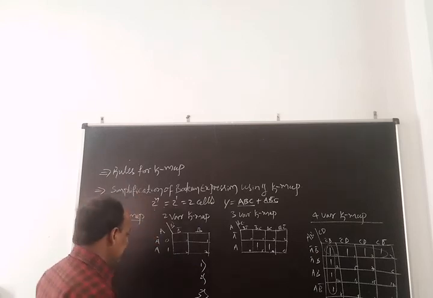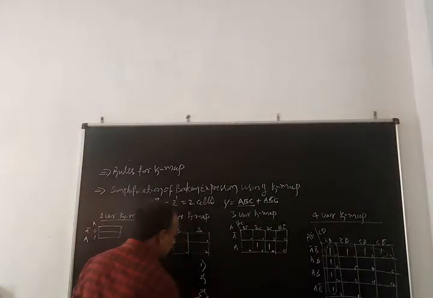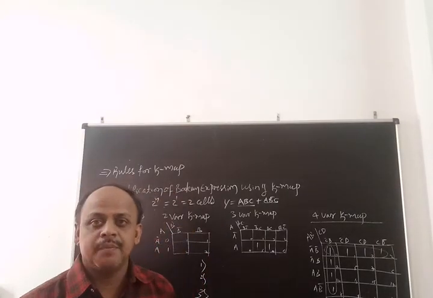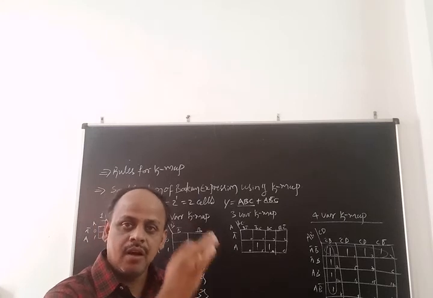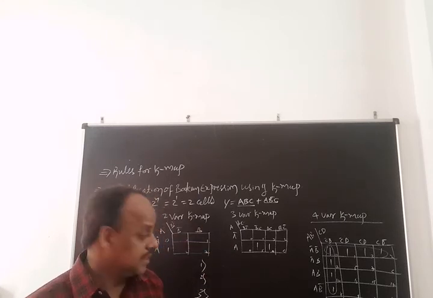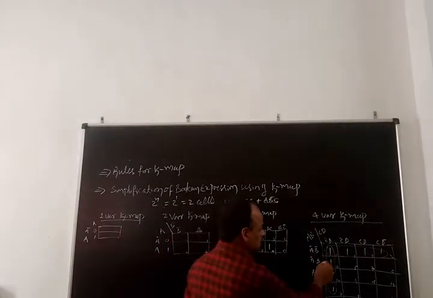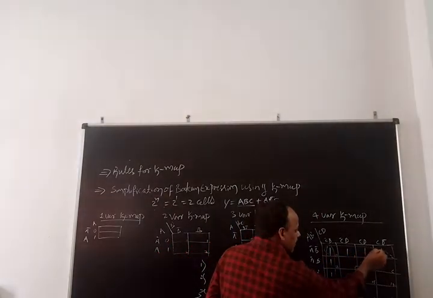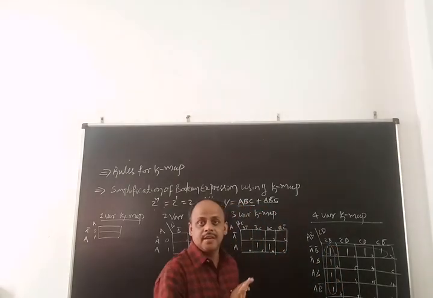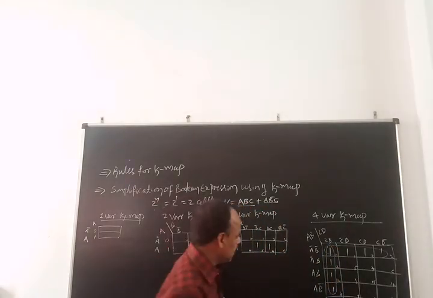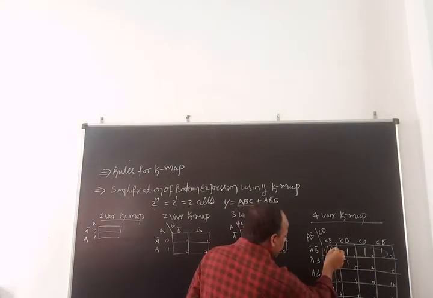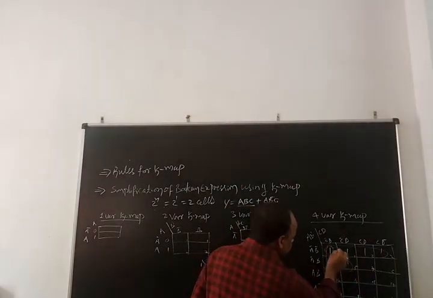Fourth point: how to make the group. The group must be made in a horizontal way or a vertical way. It should not be diagonal. Diagonal grouping is not allowed. For example, if one more 1 is there here, this type of grouping is not allowed.